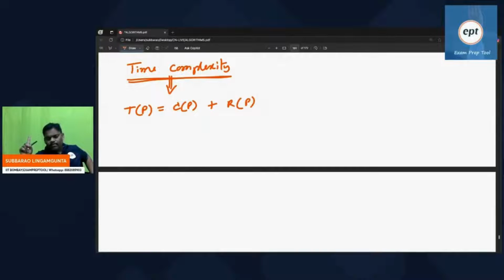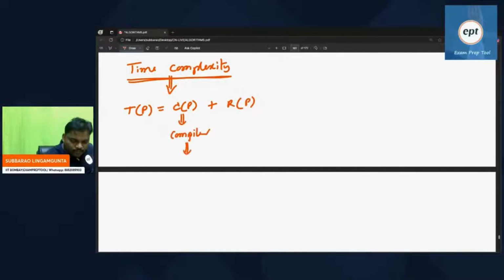Compilation may be one time. Every program will be compiled in its lifetime only once. But that should also be calculated. So time complexity of any program is equal to the compile time of that program plus the run time of that program. So the next question is going to be, compile time is based on the compiler.